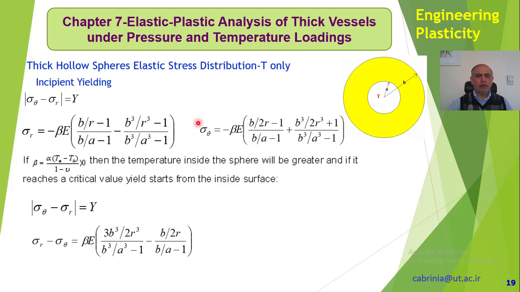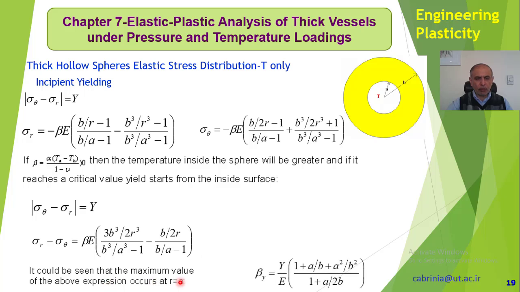If we subtract this from that, we get this relationship. It could be seen that the maximum value of the above expression again occurs at R equal to A. Why is that? Because all these values are constant here except R.